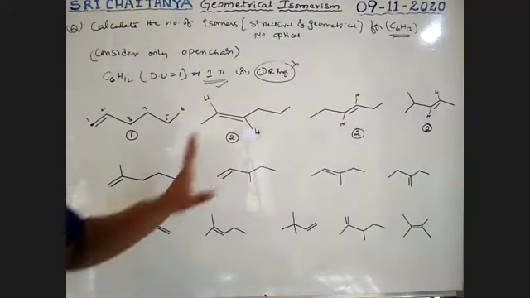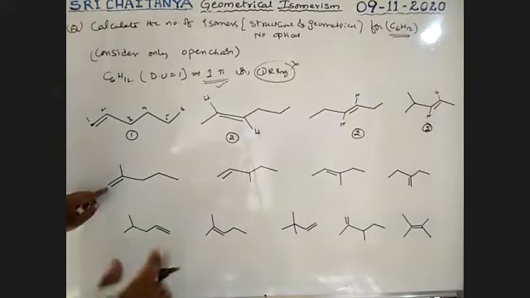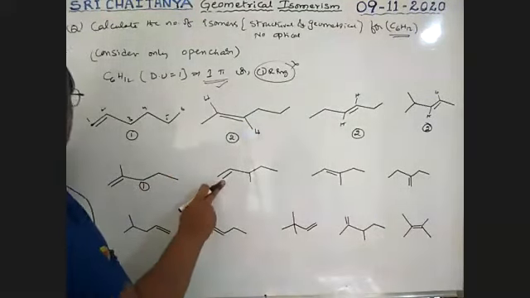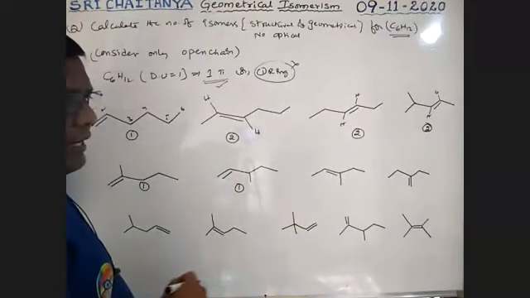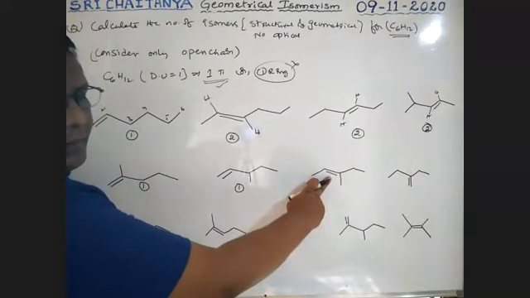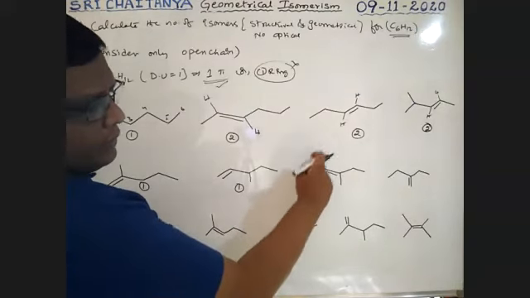All these are structural isomers. Now consider where a geometrical isomer is possible and where not. See here, double bond with two hydrogens, so not possible, only one structure exists. Here also terminal, so CH2, only one structure exists, no cis and trans. Here cis-trans is possible.